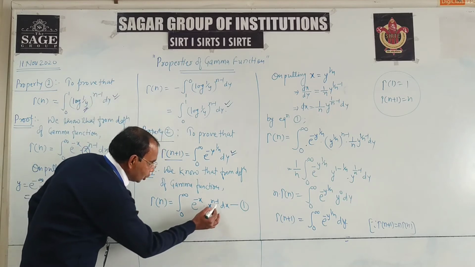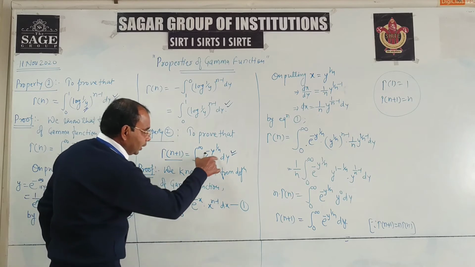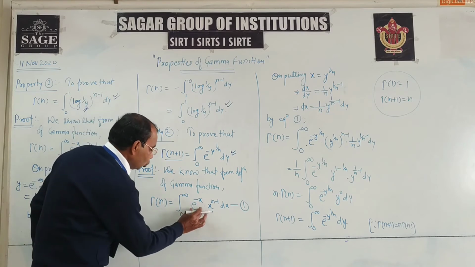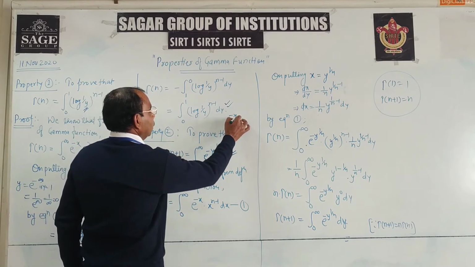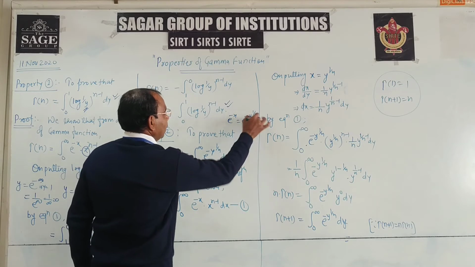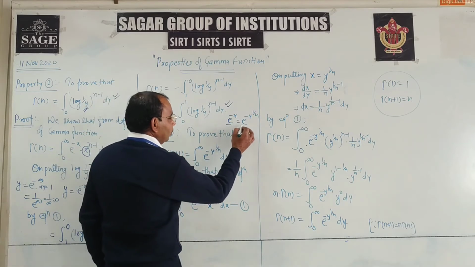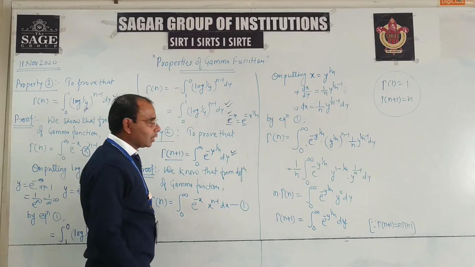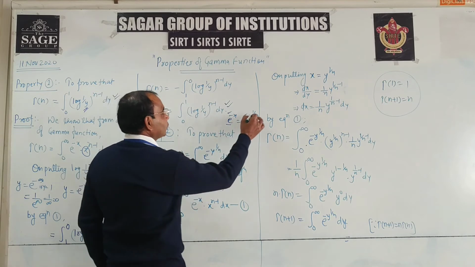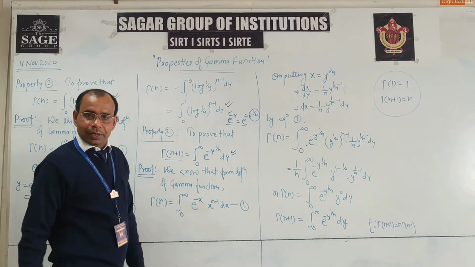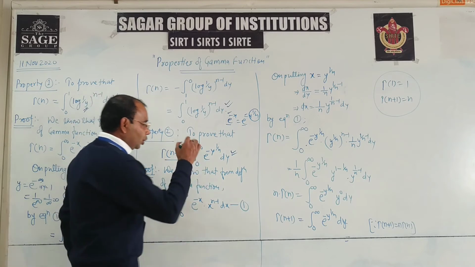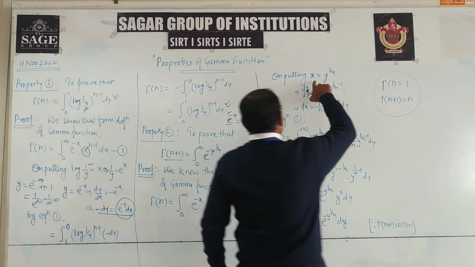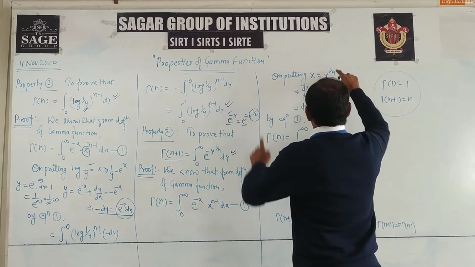In the proof part, we compare e to the power minus x, so e to the power minus x equals e to the power minus y, with the minus sign the same. The different term is y to the power 1 upon n. So we substitute x equal to y to the power 1 upon n.